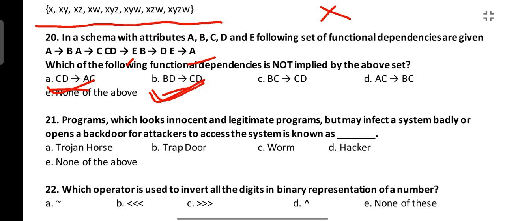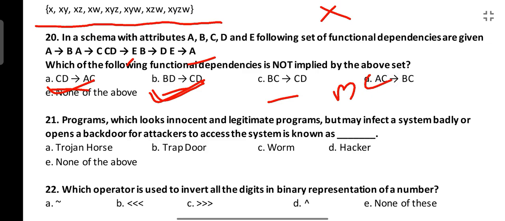This is not getting observed, not getting implied. Next is BC derives CD. Here we can see B derives D and C is getting derived by A. No, we have to check this correctly.